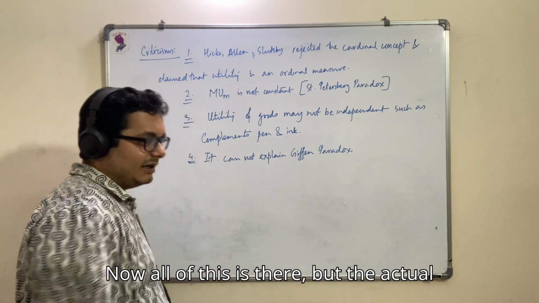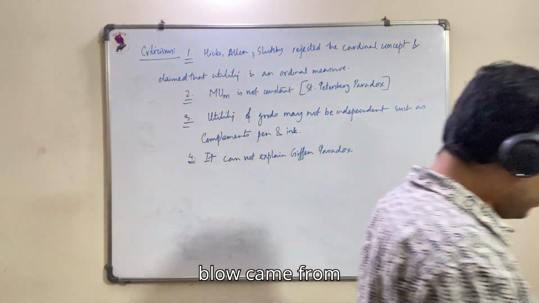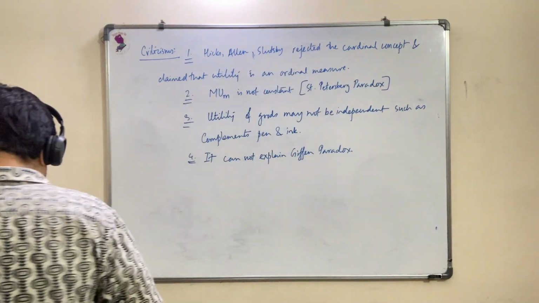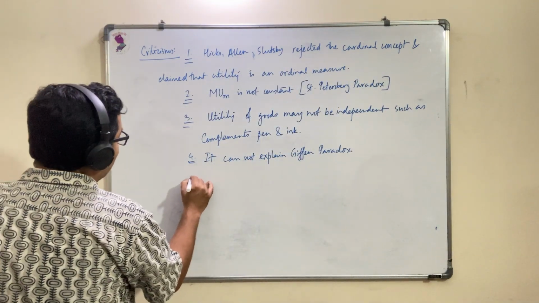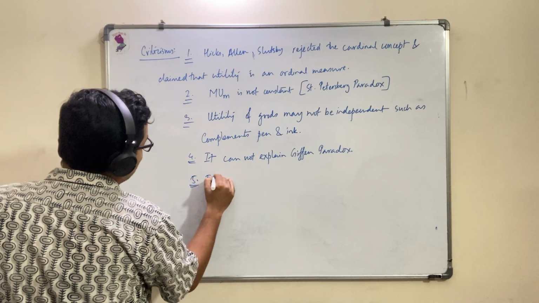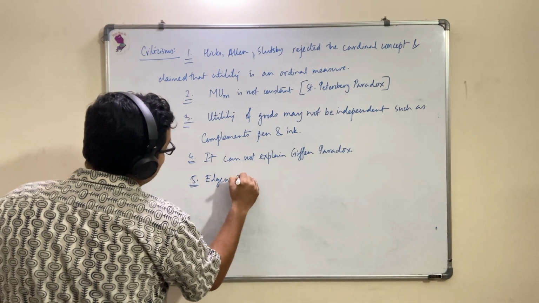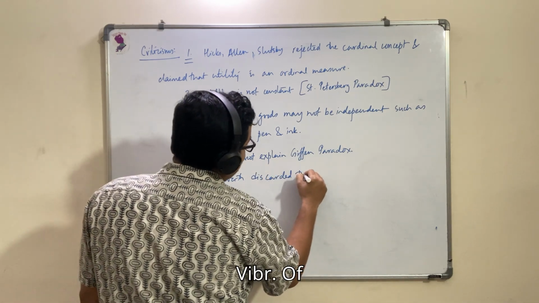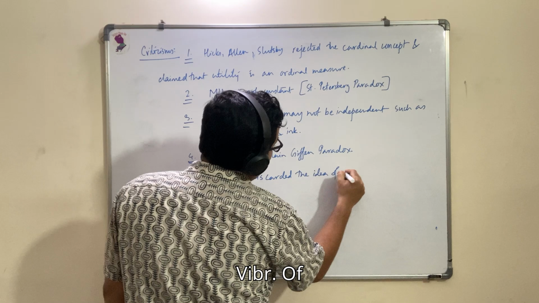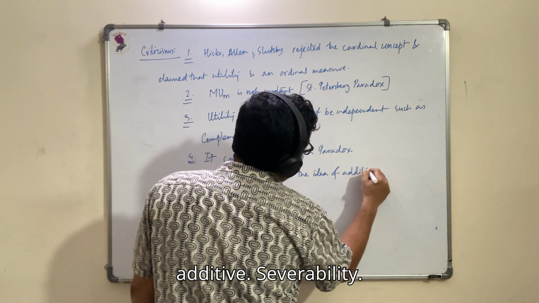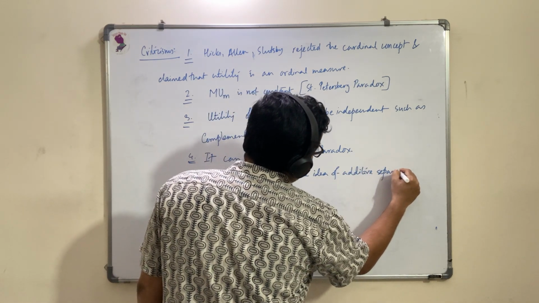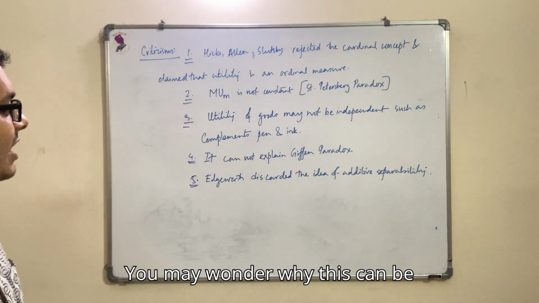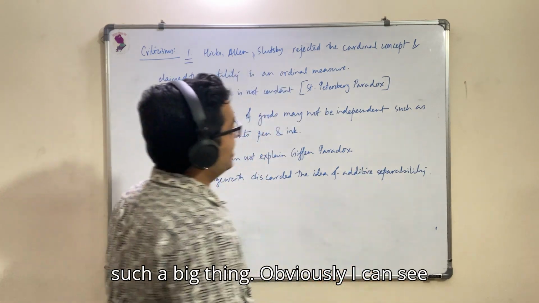Now all of this is there, but the actual blow came from Edgeworth. Why? Because based on all of this, Edgeworth discarded the idea of additive separability. You may wonder why this can be such a big thing.